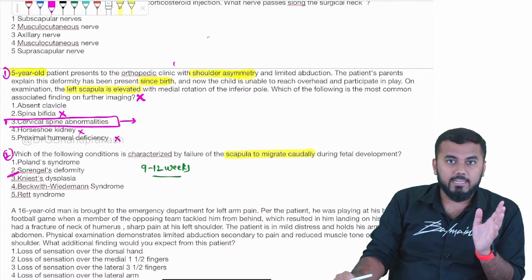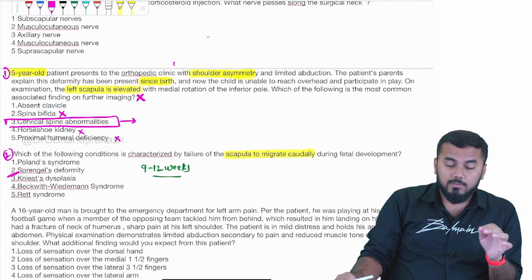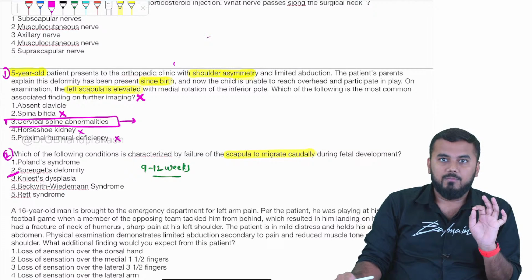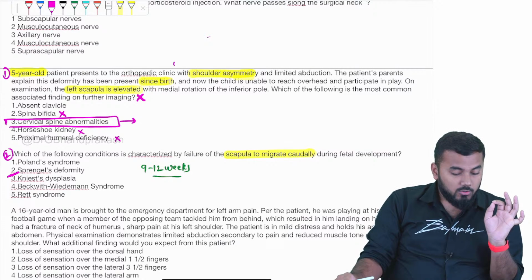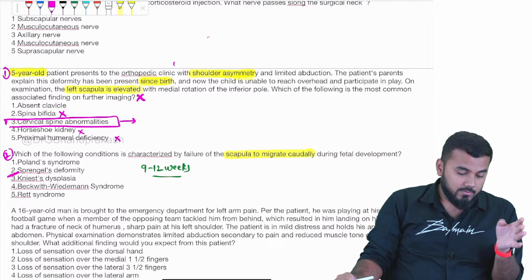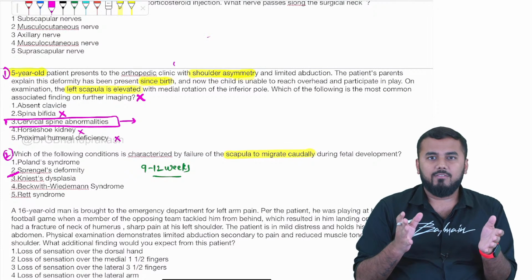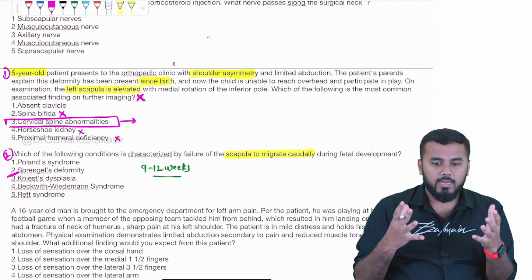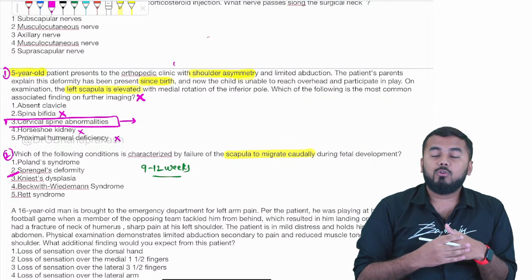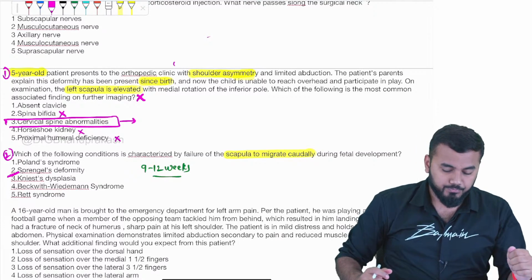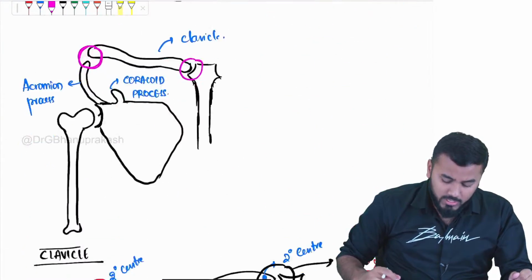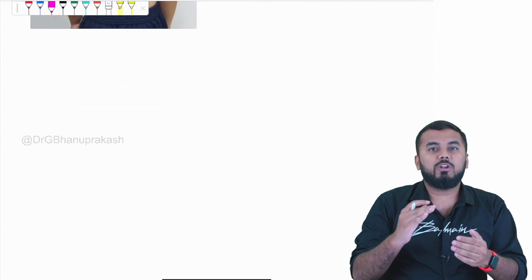I don't know the dates, but the first question was asked in USMLE, the second in FMGE. So you guys have answered these two questions. This is the way, guys. If you read everything by practicing, by looking at it, by imagination, definitely you can answer any question. Believe me.